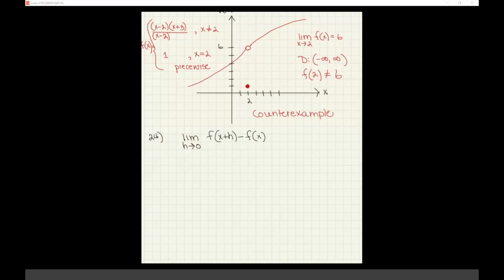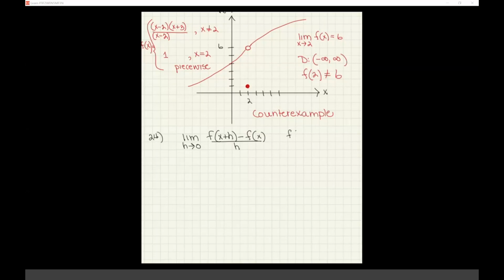Remember, these are two y values that are really close together. How far apart are they? The difference in the x's is only h, and h can be super small, so we let h approach 0. This is the slope of a secant line between the two points, but as I take the limit, these points get so close together that I get the slope of a tangent line.